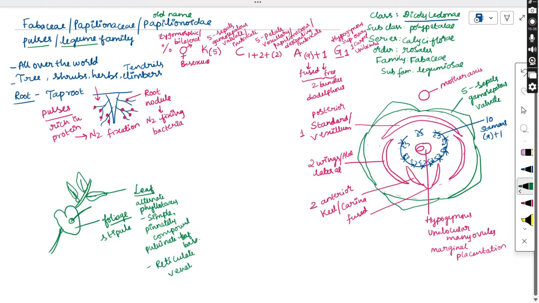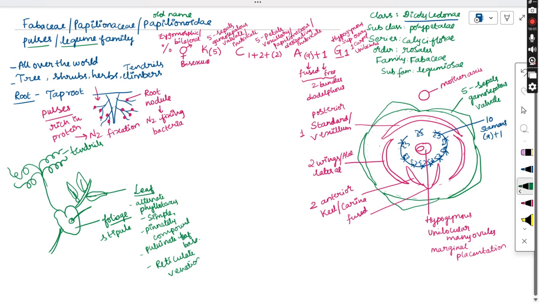So reticulate venation, pulvinous leaf base, either simple or pinnately compound leaves, alternate type of arrangement of the leaves can be seen. And there is a special feature, they will be showing the tendrils. So at the tip of it, you can see the tendrils. These are useful for the plant to climb to get the support.